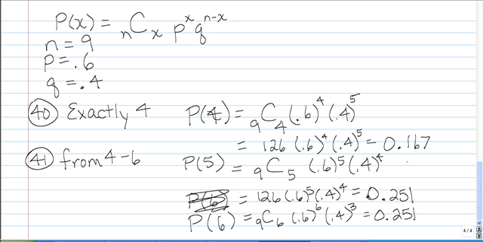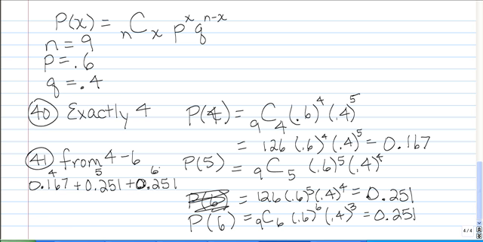So now to get the answer for this, I need to add 0.167 plus 0.251 plus the 0 in there. It helps us to see the decimal point. So this is the probability for 4, this is for 5, and this is for 6.